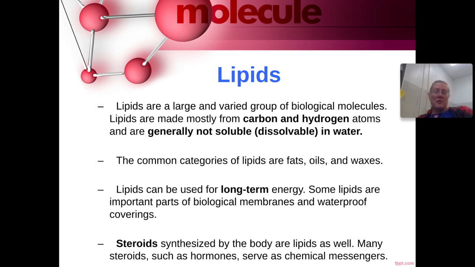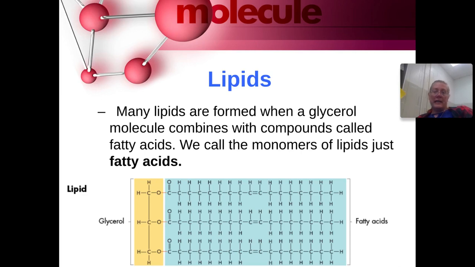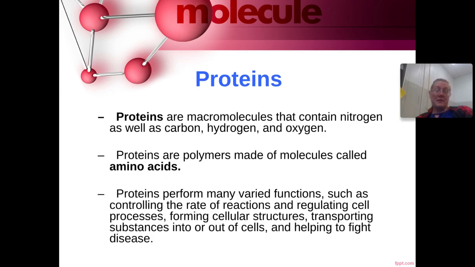They are also used as hormones in our body, steroids as well, and hormones and steroids are chemical messengers. They travel through your body and tell your body to do different things. Lipids are formed when a glycerol molecule combines with compounds called fatty acids. We call the monomers of lipids fatty acids.